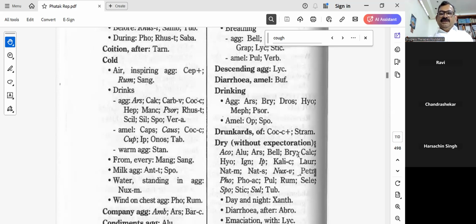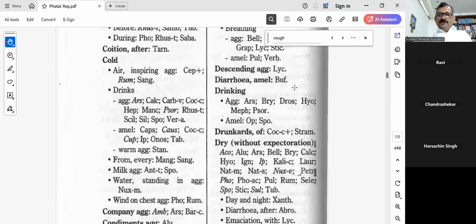That time they don't have any cough. So Bufo rana is a mendak, frog. This is made from the frog poison.